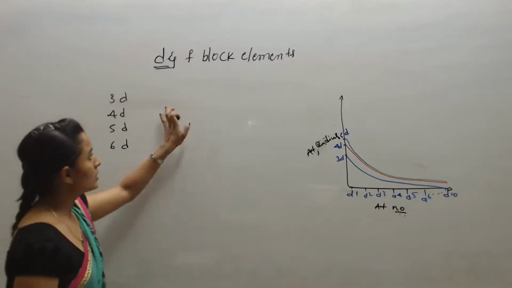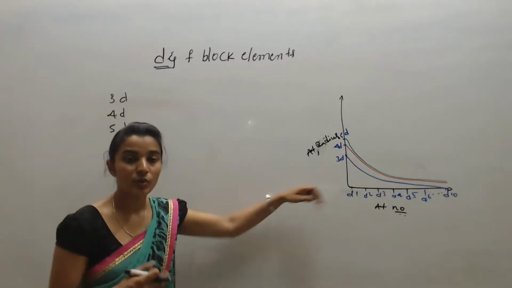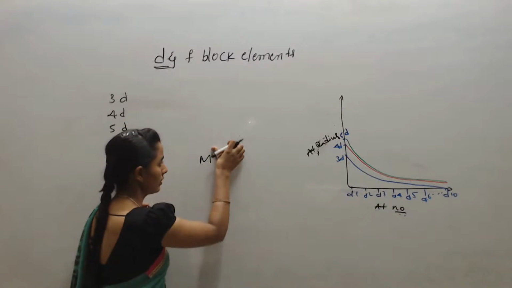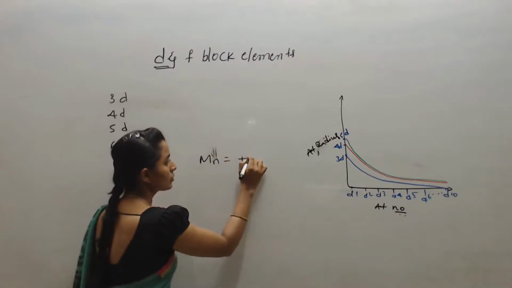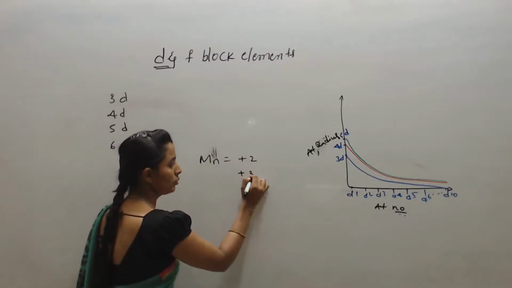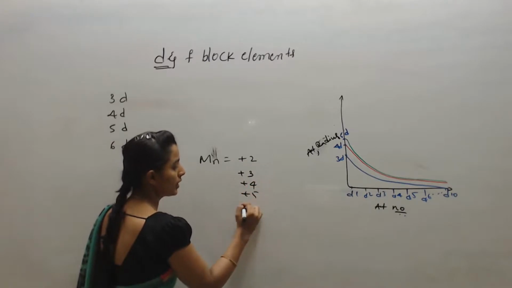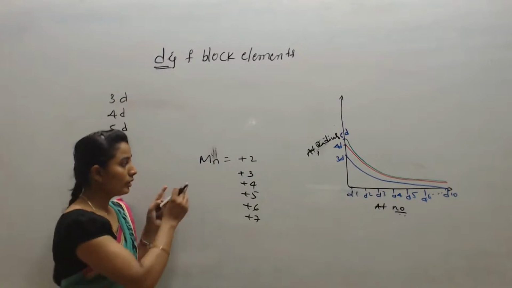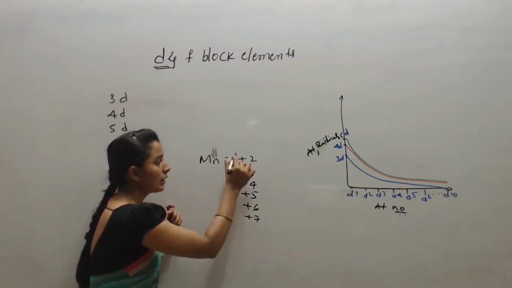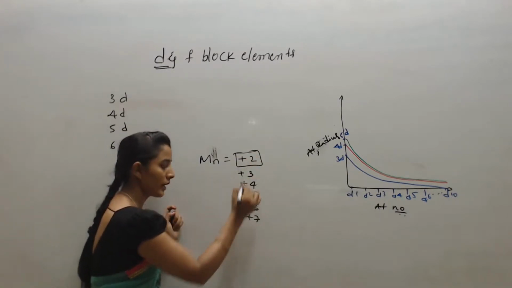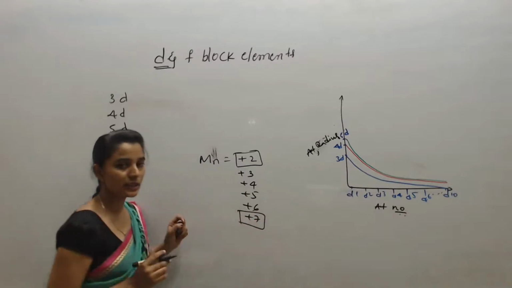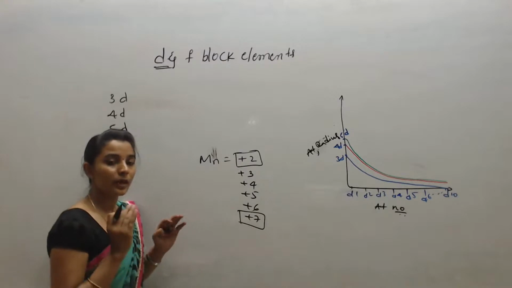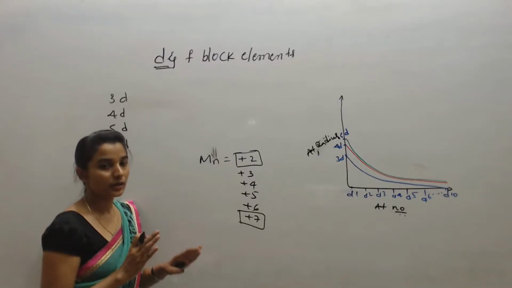But here this d block element shows variable oxidation states. For example, Mn, that is manganese, shows oxidation states of +2, +3, +4, +5, +6 and +7. Okay, so the size of Mn in the +2 oxidation state is high, in the +7 oxidation state is low. As the positive charge increases, the size of the ion decreases. That we know.